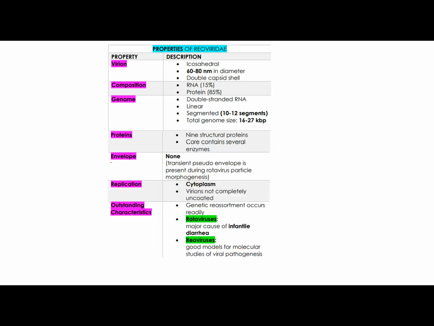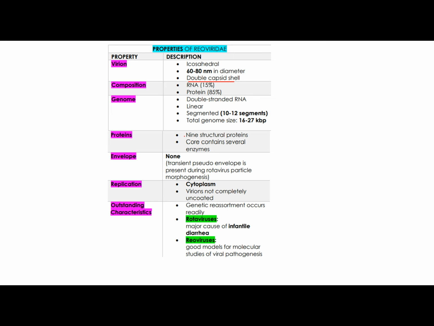Now let's take a look at the properties of your Rheoviridae. So the virion, class, the virus would be icosahedral, 60 to 80 nanometers in diameter, and they have a double capsid shell. The composition is 15% RNA, protein is 85%. The genome, class, is double-stranded RNA, linear, segmented, 10 to 12 segments, with a total genome size of 16 to 27 kbp.